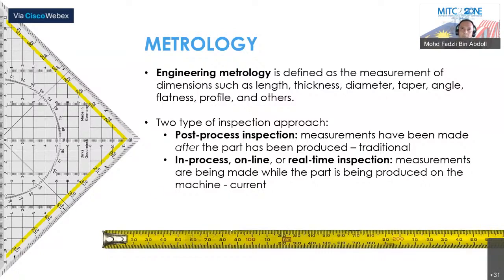Either ada peak or valley and others. Okay, there are two types of inspection approach in metrology. First is post-process inspection. It means the measurement is made after the part has been produced. This is the traditional approach.